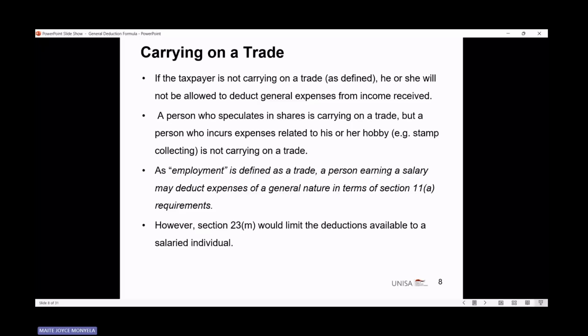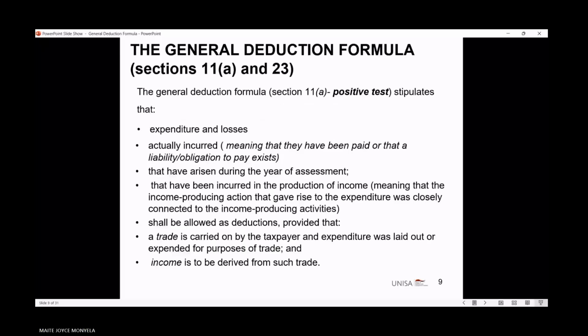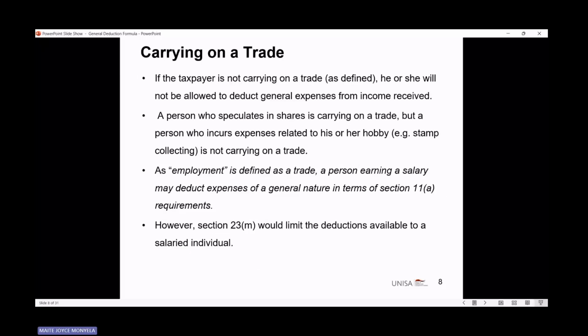So we have Section 11A, which qualifies a person earning a salary to deduct general expenses, but we have Section 23, which limits the deduction.